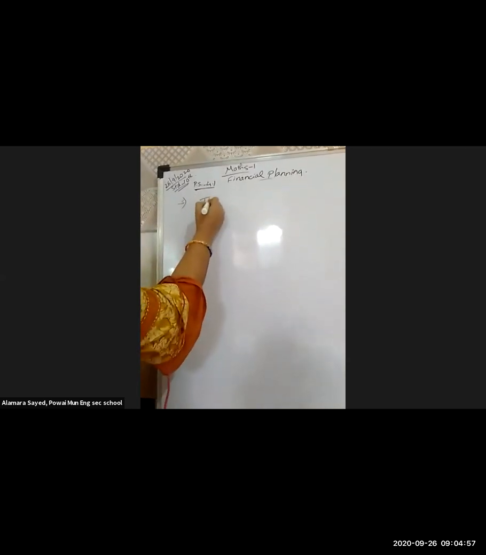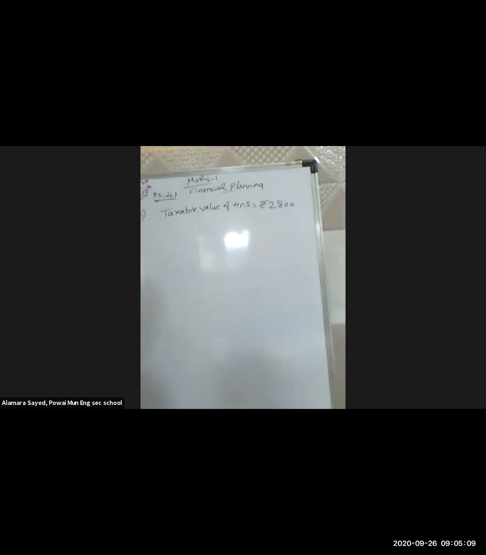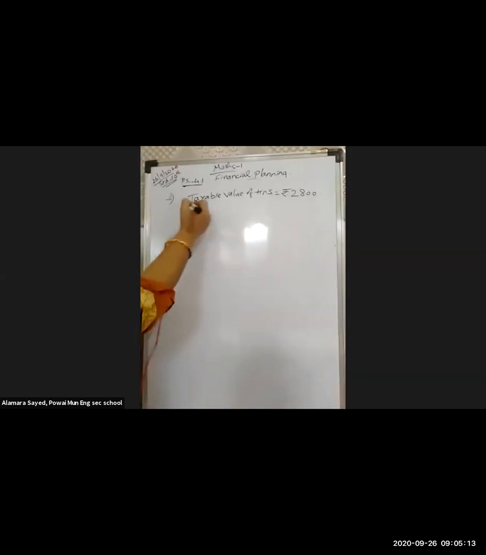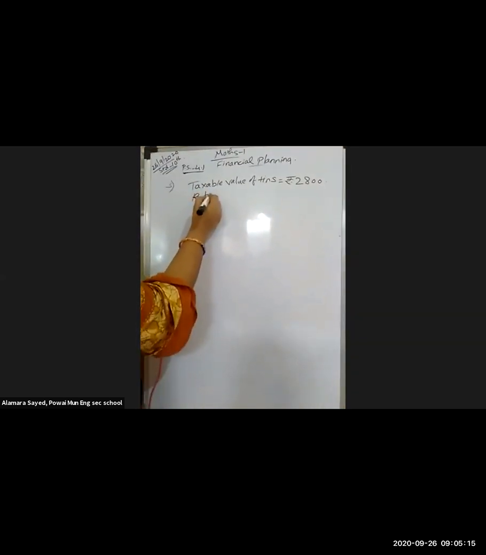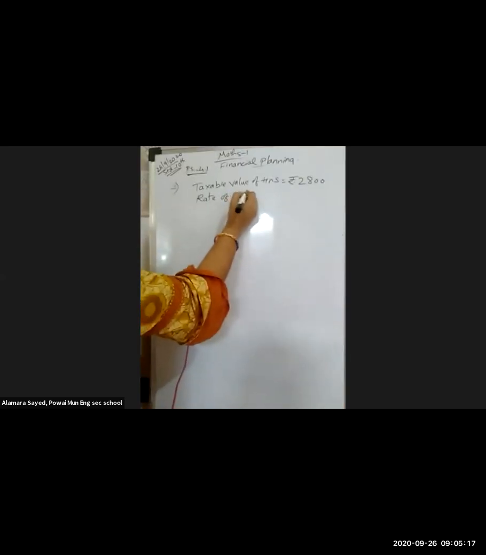So here, taxable value of tins is equal to rupees 2,800. Then rate of GST is given, 28%. Rate of GST is equal to 28%.